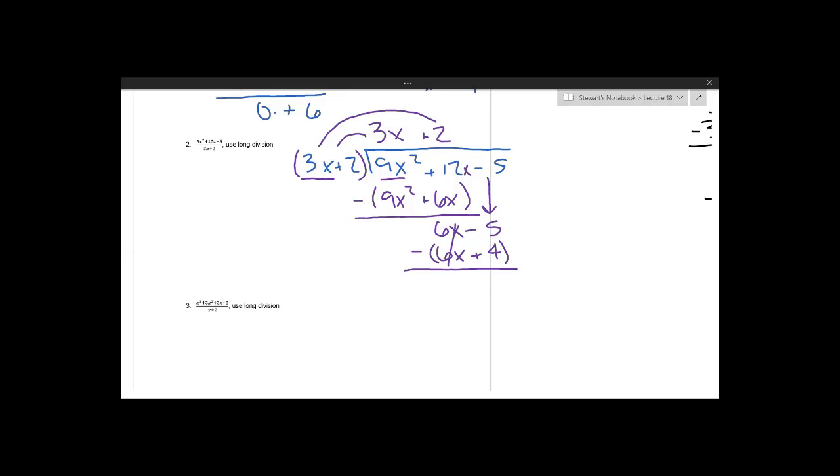Well, these 6x's cancel. Minus 5 minus 4, or negative 5 minus 4 is negative 9. So your final answer, because that's our remainder, would be 3x plus 2 minus 9 over 3x plus 2. That'd be your final answer.